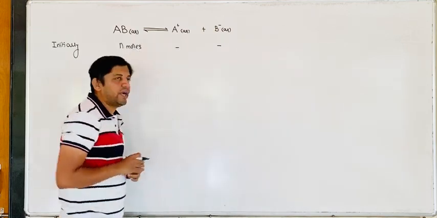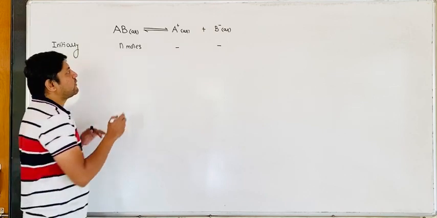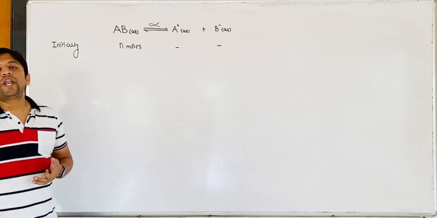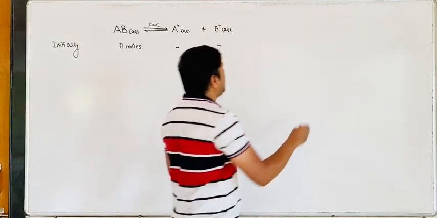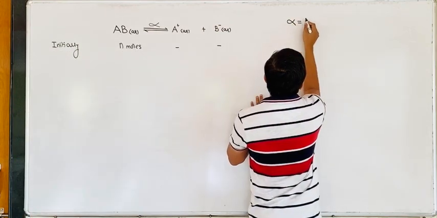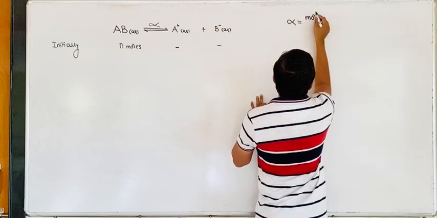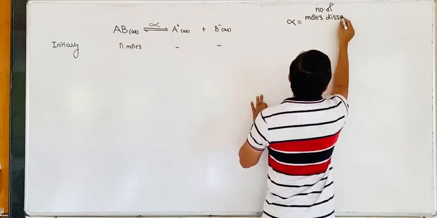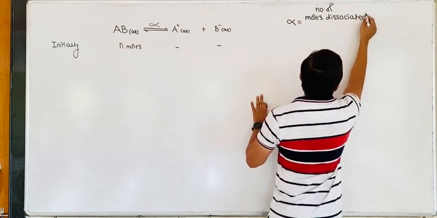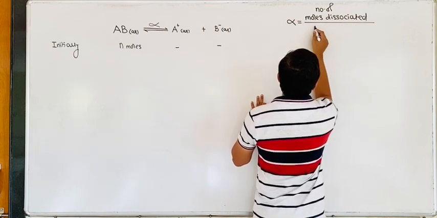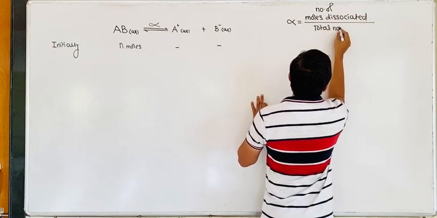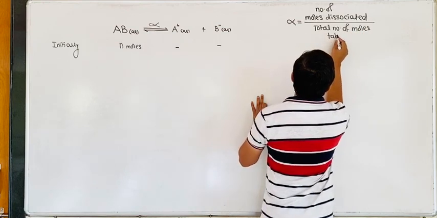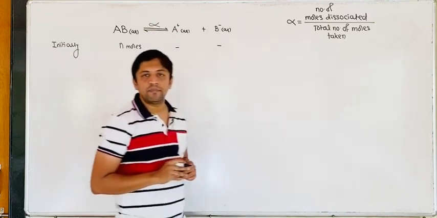As it is a weak electrolyte, its extent of dissociation depends on its degree of dissociation alpha, which is given by alpha equal to number of moles dissociated divided by total number of moles initially taken.